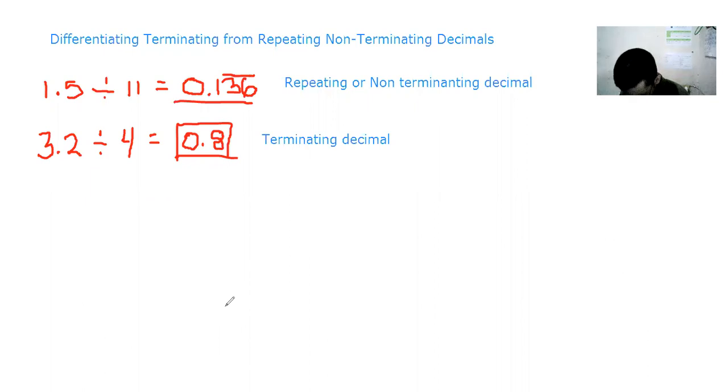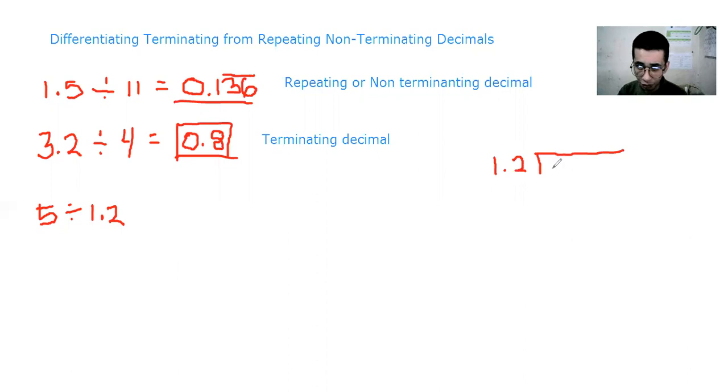So, we have here 5 divided by 1.2. Ito na yung sinasabi mo, diba? So, ang divisor natin is 1.2. Then, ang dividend natin is 5.